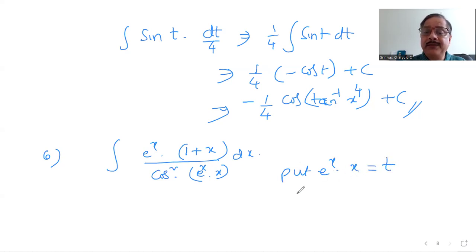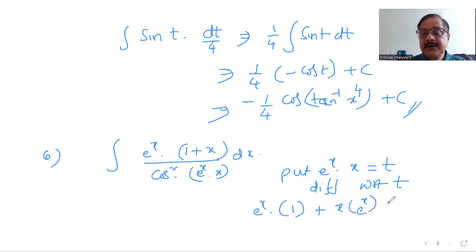So UV method, we will differentiate with respect to t. Then first function into differentiation of x, 1 plus x into differentiation of e to the power of x is equal to dt. This entire thing is dx.